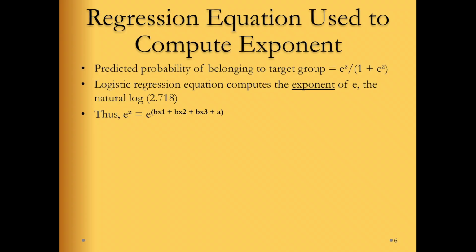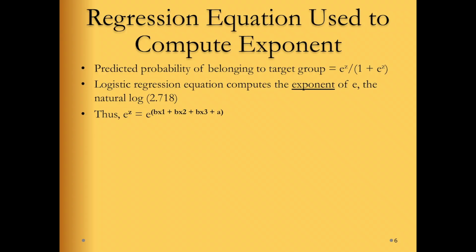So we derive an exponent for each individual by inserting their actual scores on all the predictors, multiplying those scores by their regression coefficients, and summing the results with a constant. Instead of computing someone's score on the dependent variable as we do in multiple regression, in logistic regression we use the regression equation to compute an exponent that is inserted into a working equation that results in a probability ranging from 0 to 1.